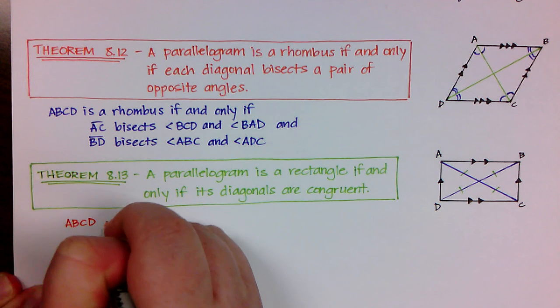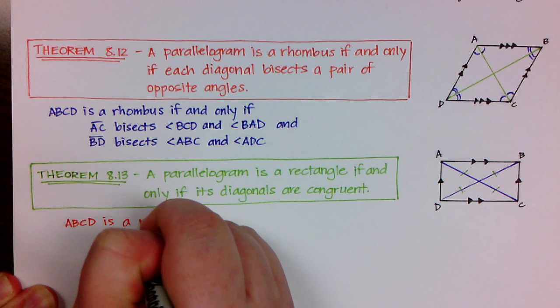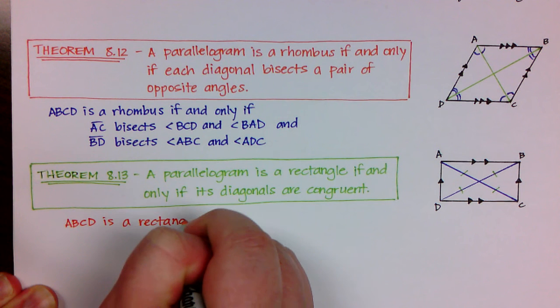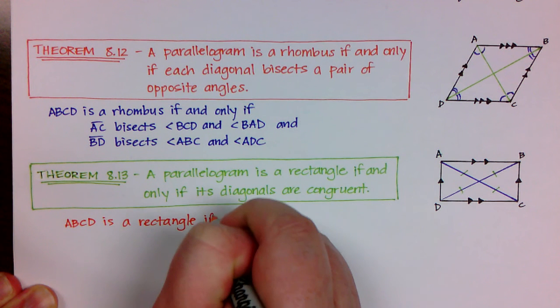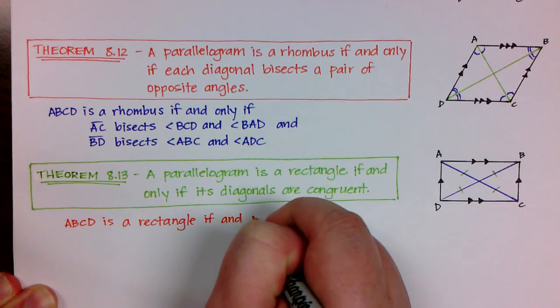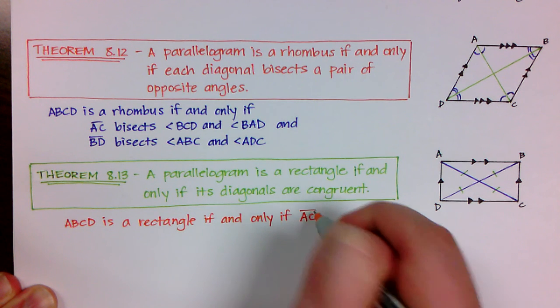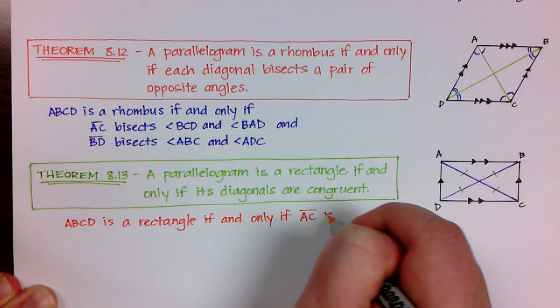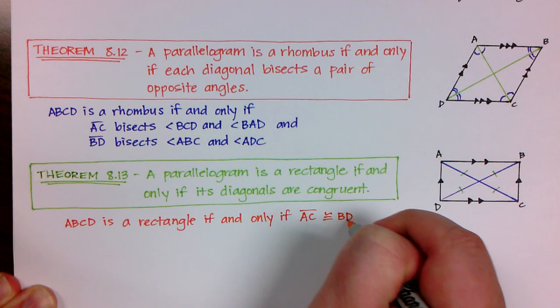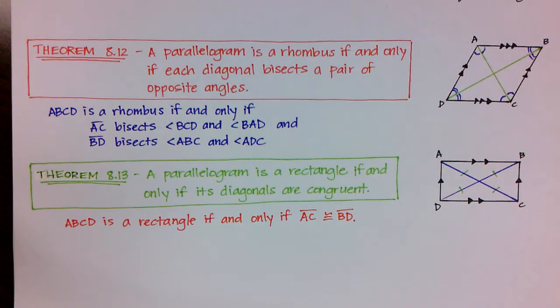ABCD is a rectangle if and only if AC, so the diagonal going all the way across, is congruent to BD. If that's the case, I can say that it's a rectangle without even knowing that the corners are right angles.